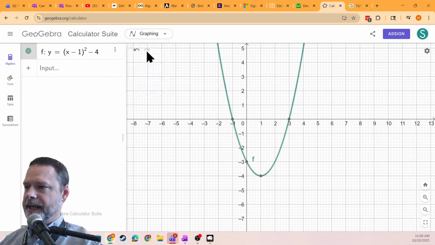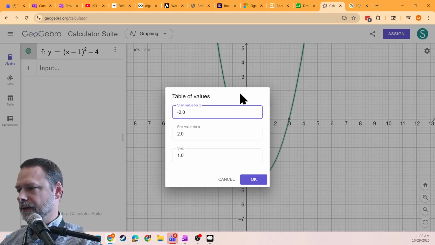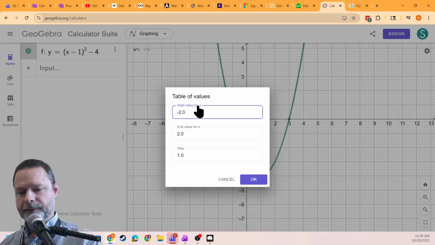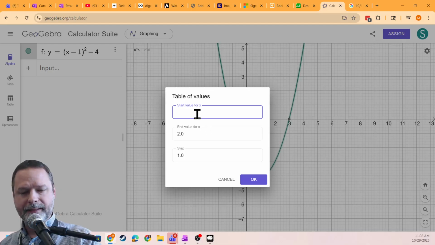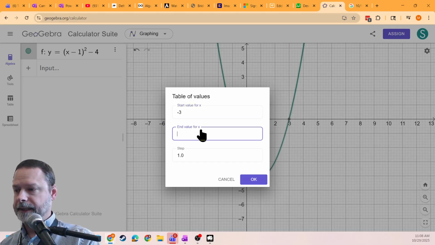So let's get a table of values. Let's go from -4 to 4. Actually, let's just go -3 to 3. I don't want to do too many. So -3 to 3, and we'll go one at a time. That's fine.